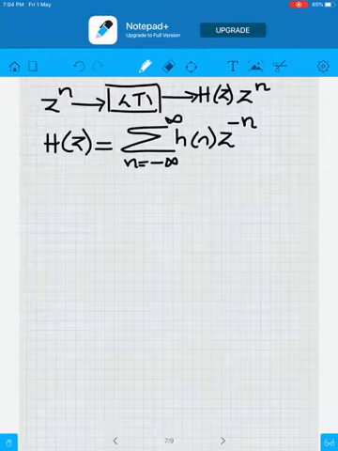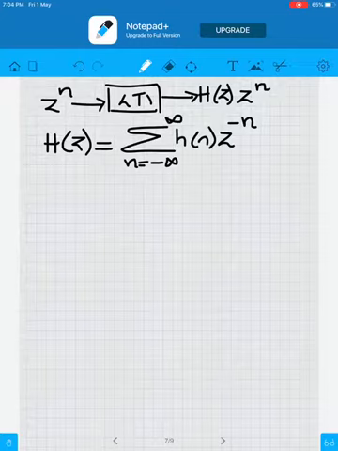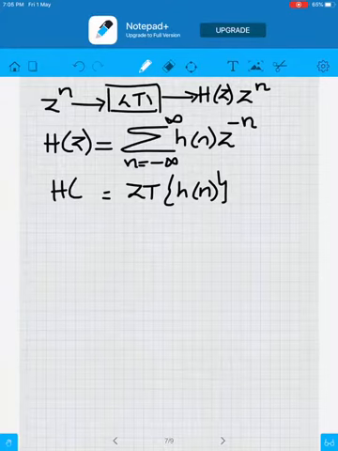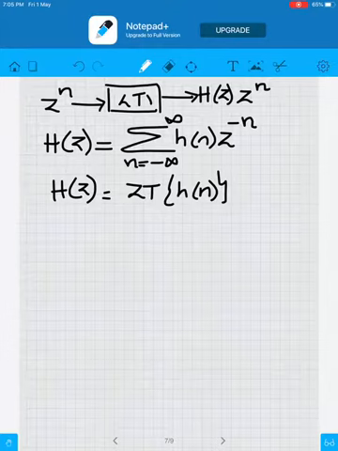Earlier I had written in terms of k, now I am writing in terms of n because that was just a dummy variable. So what is the right hand side? The right hand side is the z transform of h of n, and the left hand side is the system transfer function of a discrete time LTI system. If the equation holds good for a sequence or a function h of n, it should in general hold good for any other function.